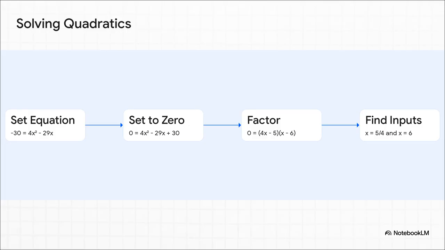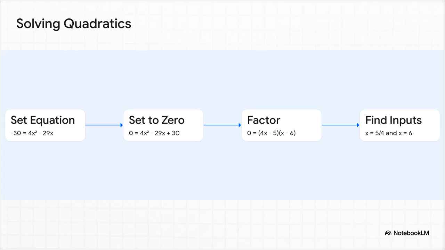Now, sometimes solving is a bit more involved, like with a quadratic function here. To solve for an output of negative 30, our first step is to set the whole equation equal to negative 30. Step 2, we have to rearrange it so it equals 0. That's key for solving quadratics, so we add 30 to both sides. Step 3 can be tricky. We have to factor the expression.